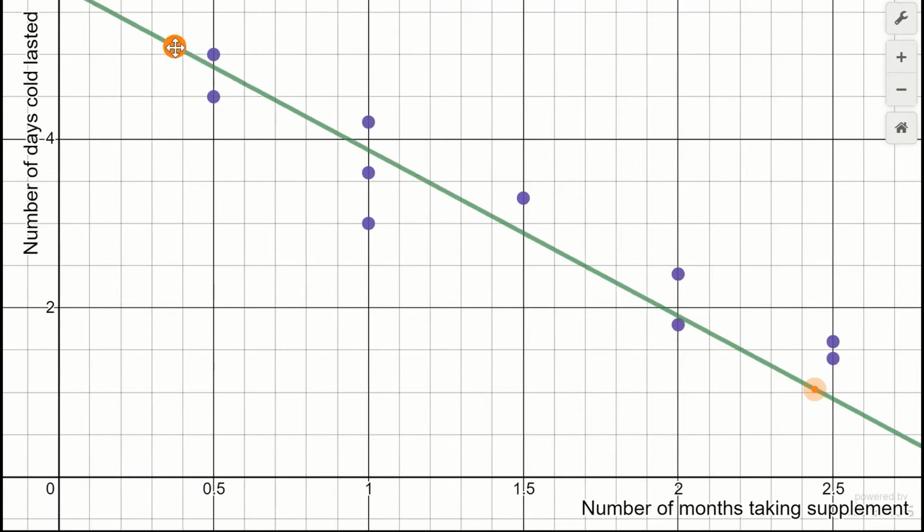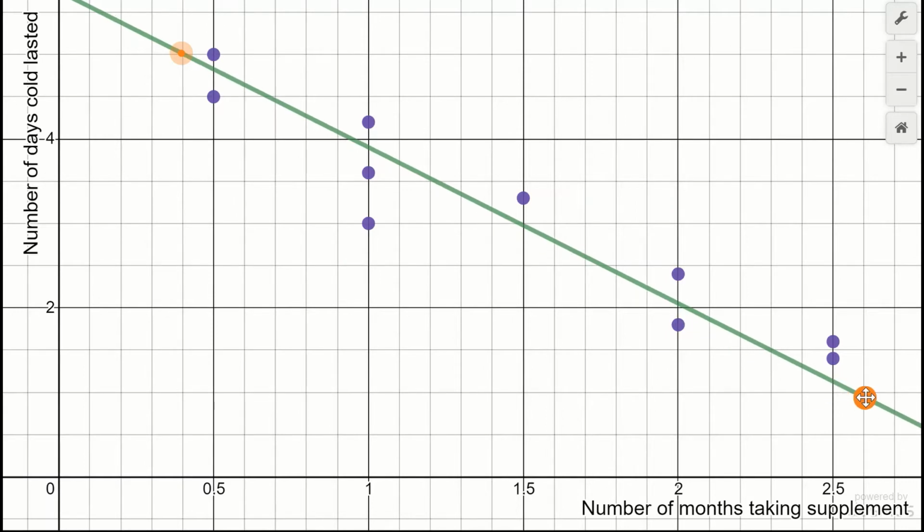I could try and get really nice numbers, which would be nice, but actually that's not a bad line either. So let's go with that. I'm going to copy this and put it in my notebook.